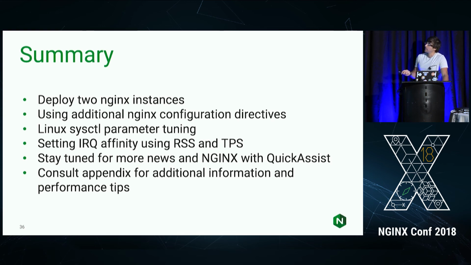We went over some Linux sysctl parameter tuning, although it wasn't too effective, but you can go ahead and play around with that if you have time. Setting IRQ affinity using receive side scaling and transmit packet steering to reduce bottleneck when receiving incoming connections. And of course, QuickAssist. Stay tuned for more news on NGINX with QuickAssist.